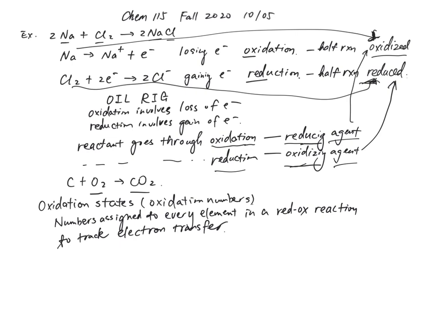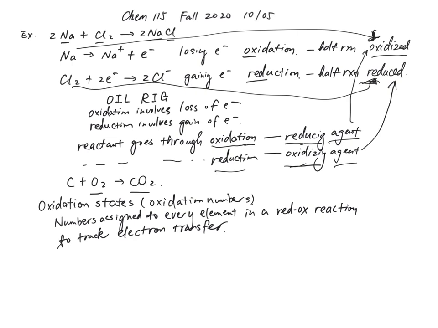Okay, now, we have a set of rules to assign oxidation numbers to elements. And once you get a redox reaction equation, if you're asked to tell who's being oxidized, going through oxidation, who's being reduced, going through reduction, or who's the oxidizing agent, who's the reducing agent, then you apply the rules on every compound, every element, and you get the numbers, and from the numbers change.